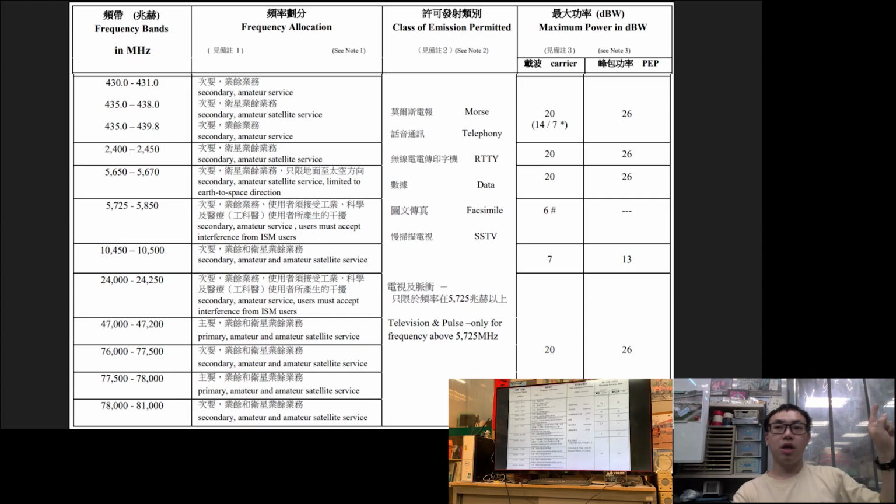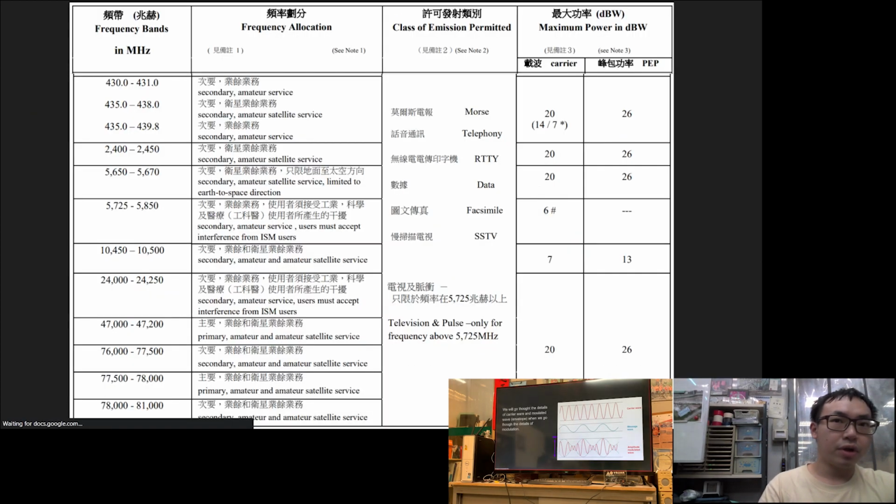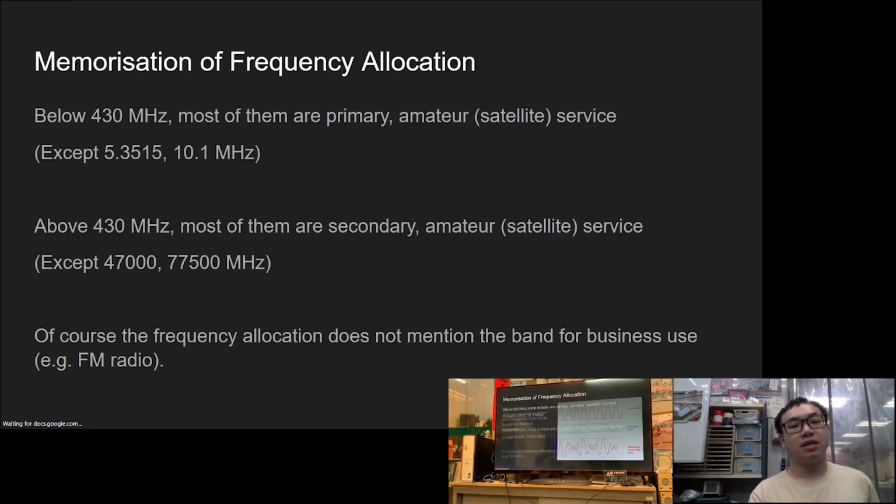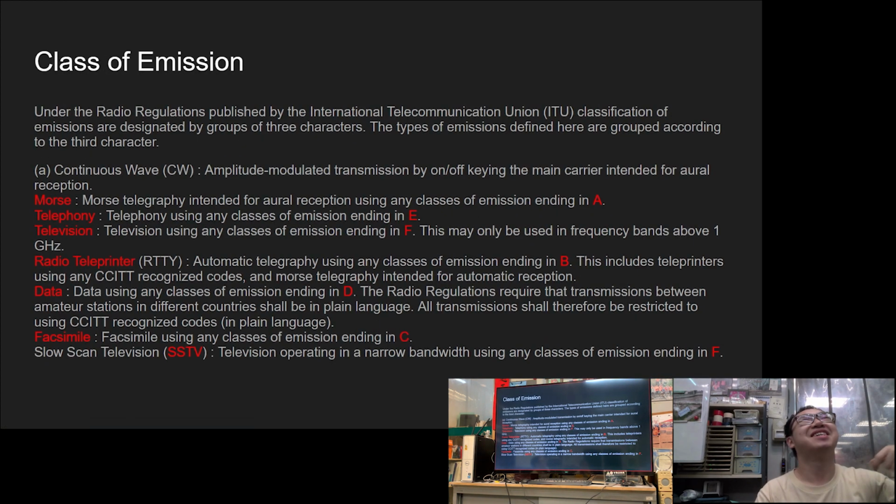So you have to follow OFCA, but not ITU. OFCA put it here just for your reference, saying that this is the recommendation of ITU, but we modified it. So you have to always follow OFCA, not ITU.